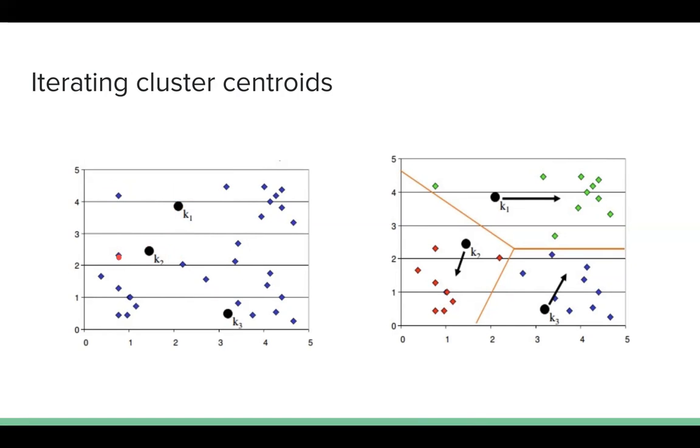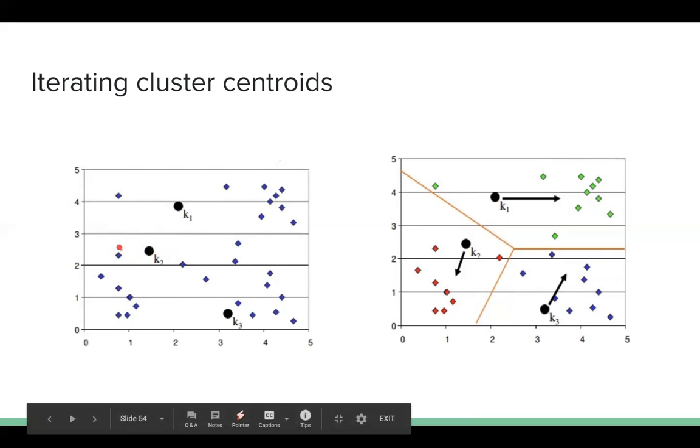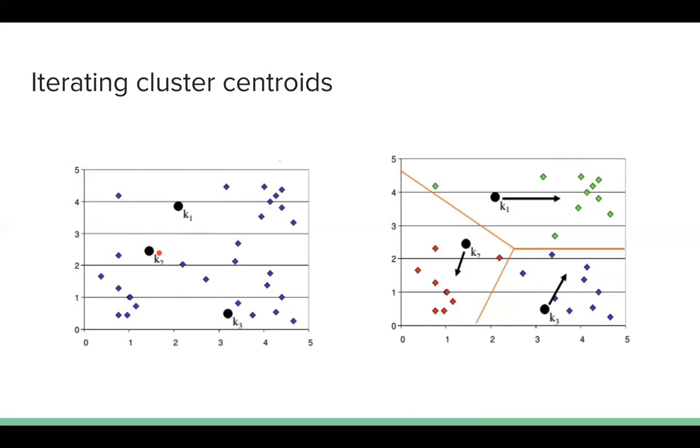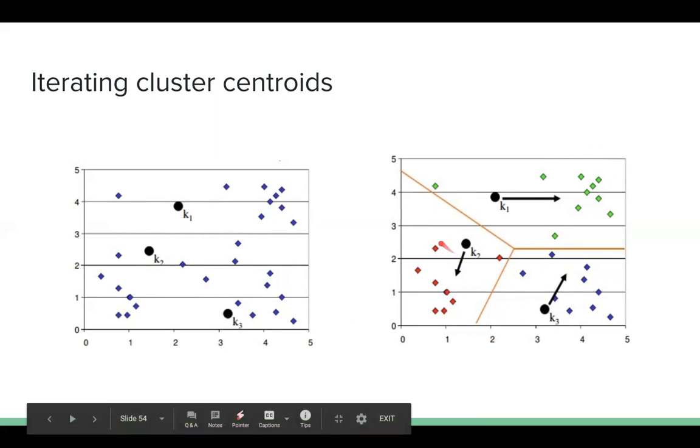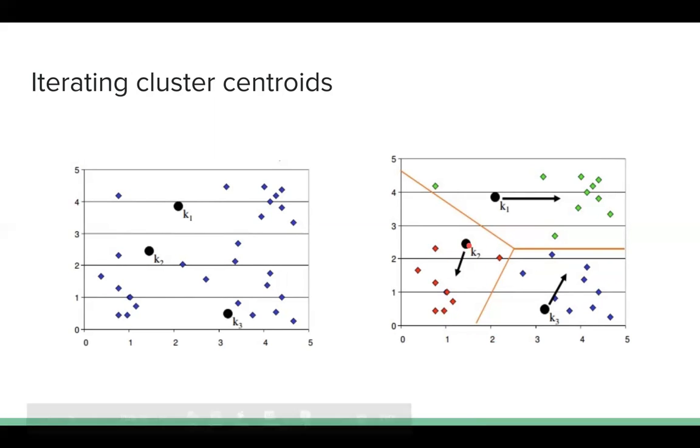Similarly, I'll take this point, find the distances to K1, K2 and K3, and find that this point is actually closer to K2, so I'll map it to K2. Like that, for each and every point, we assign a cluster value. Once that is done, you can see the output here. These are all the points belonging to this cluster, these are all the points belonging to K1, and these are all the points belonging to K3.